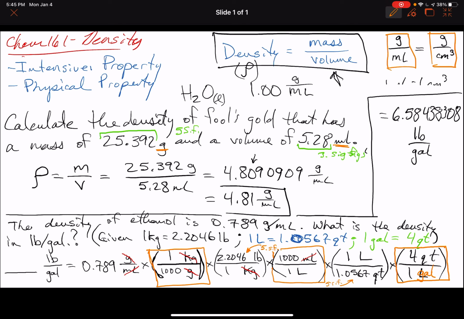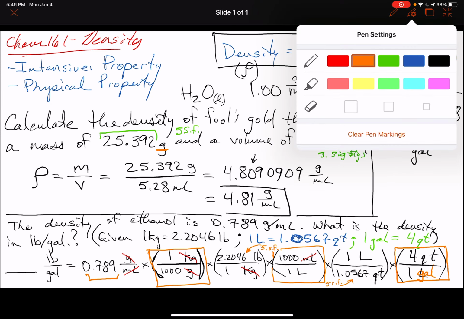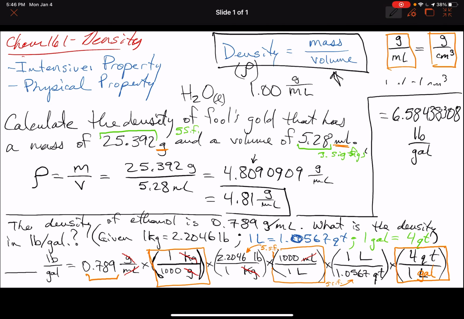So that's how we worked the multiplication and division, and we started with a number here that had 3 sig figs. Fortunately for us, we need to report out to the number of sig figs reflected in the number that we started with, the 0.789. Our conversion factors have 5 sig figs at the fewest, and every other one is at infinite.